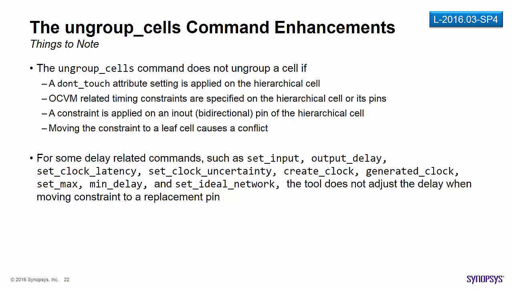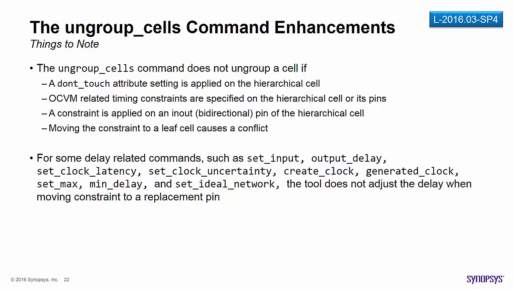The ungroup cell command does not ungroup a cell if the don't touch attribute setting is applied on the hierarchical cell, or if POCVM related timing constraints are specified on the hierarchical cell or its pin, or if a constraint is applied on an inout pin of the hierarchical cell.